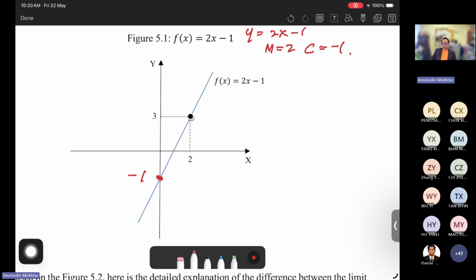For example, I choose one value of x. Let's say x equals 2. When x equals 2, we know that y equals 3. That's this coordinate point, 2 and 3.